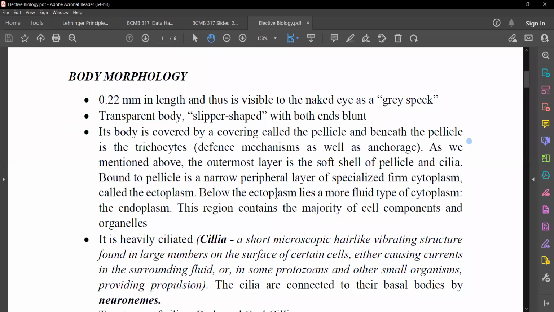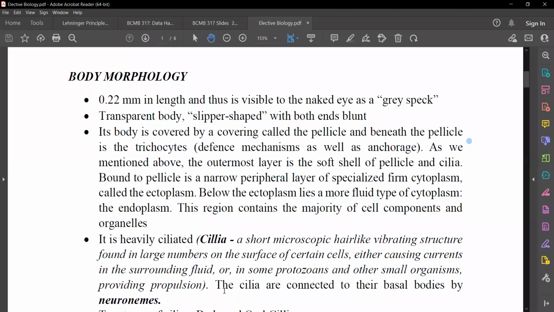So now I've talked about the pellicle and the cilia. The pellicle is the outer covering with the cilia coming out through it. These cilia are joined to basal bodies, which are known as the neuronemes, and these neuronemes are responsible for whatever role the cilia play in the paramecium.